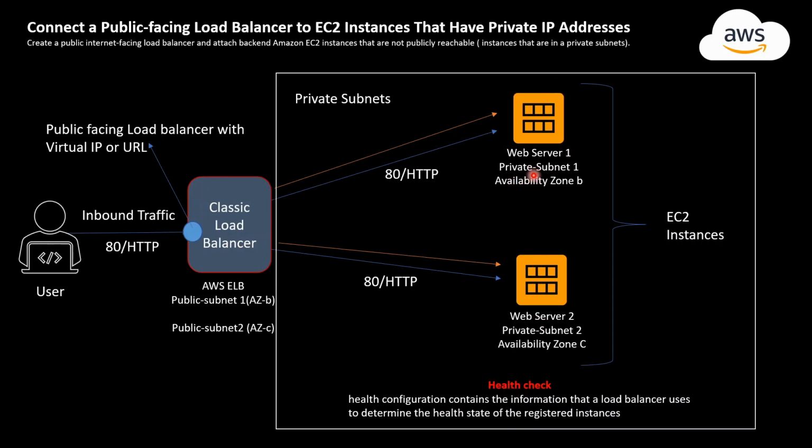So let's say web server 1 is down, so the Apache is down, the traffic will be redistributed to web server 2, and so on, right? So here we have the private subnets part, web server 1 and web server 2 under the private subnets, and we have two public subnets under different availability zones for our classical load balancer.